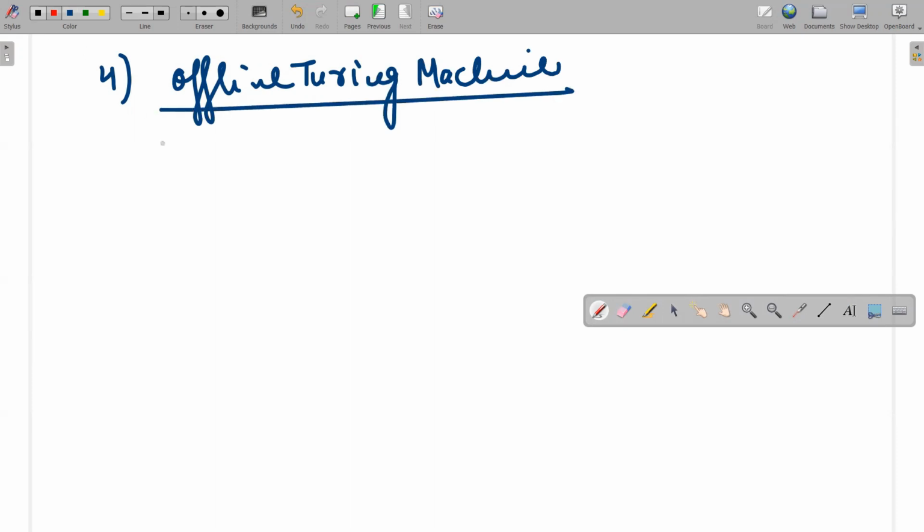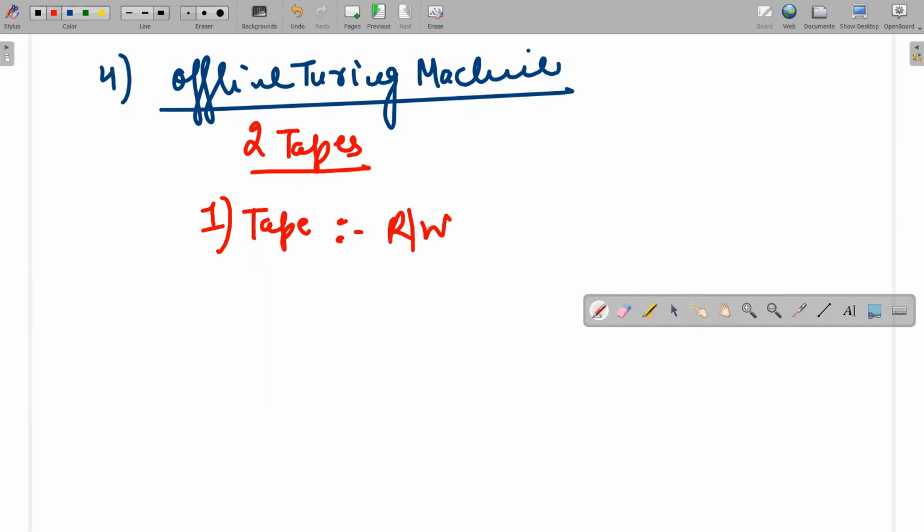An offline Turing machine has various inputs, but firstly, you need to understand there will be two tapes that work. The first tape is actually meant for read operations only. So it will just take all the inputs, meaning read all inputs.